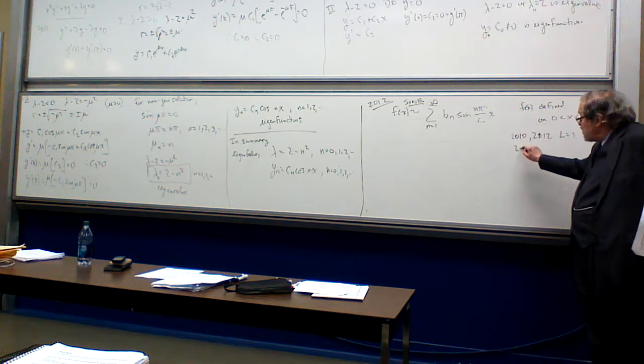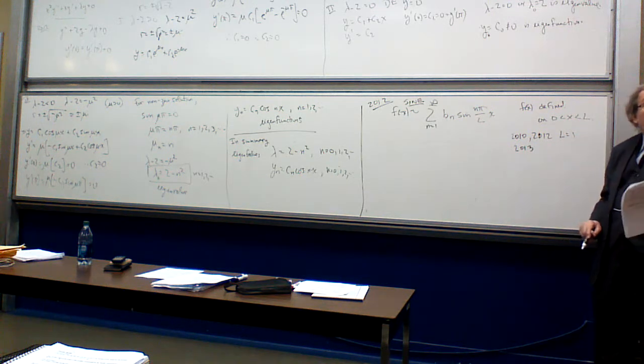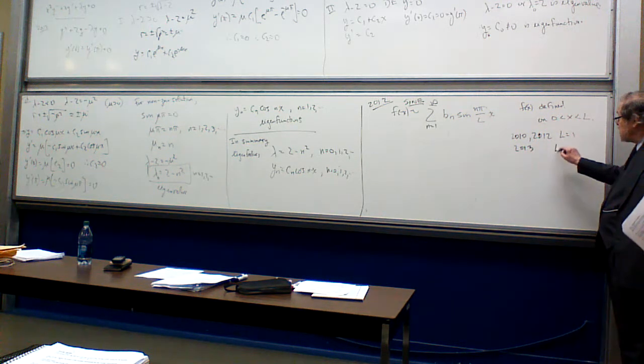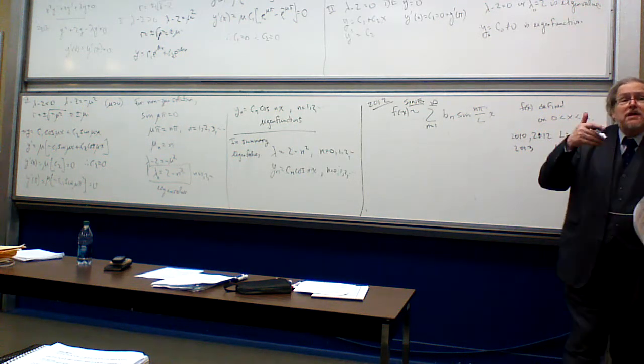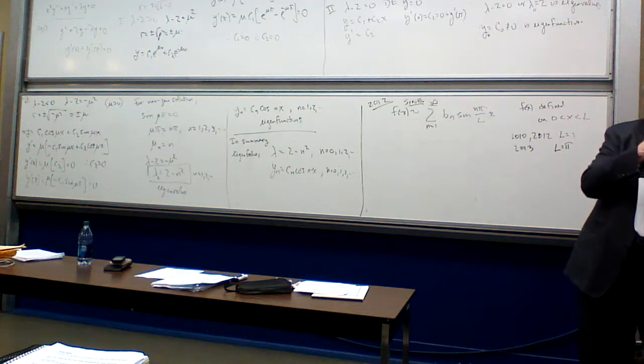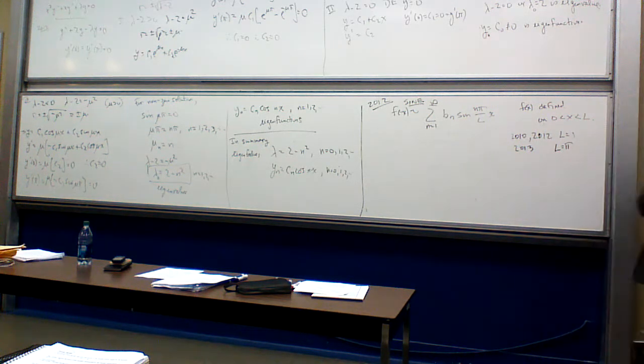On the 2013 problem, the first one on the list, L is given to be pi. So that's the first thing that you identify: what's L.